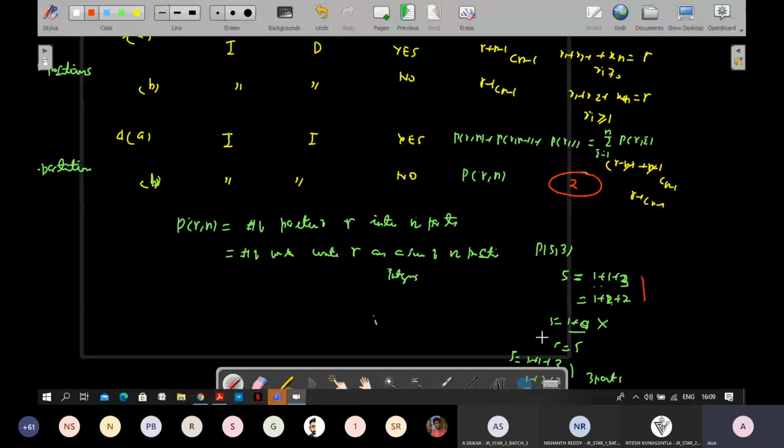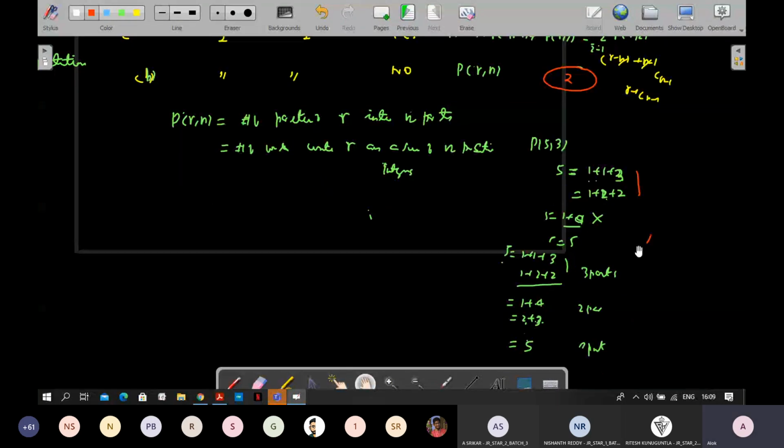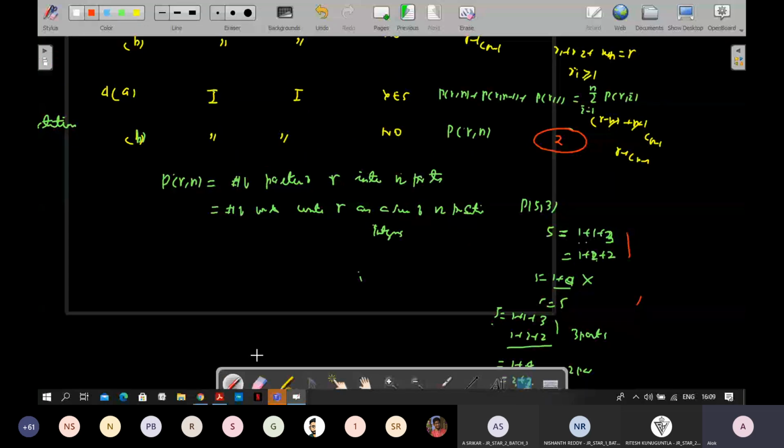And the number of ways to put 5 identical balls into 3 identical boxes where a box can be empty is 2 and then 1, so the total is 5. Just check: you can write 3, 2, 5. No, 2. This is 2 parts. This is 2, 2, 4, 1, 5. So 5 ways. This answer when empty boxes are allowed is 5. So it's a very small number.